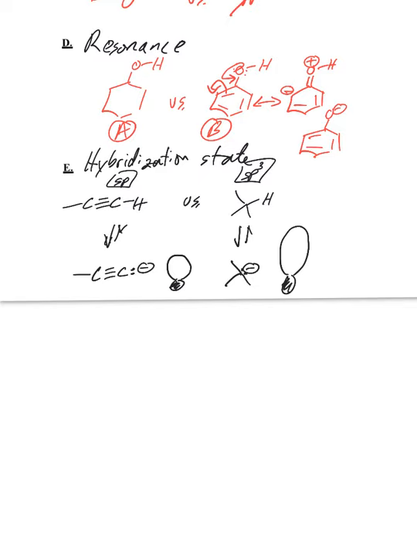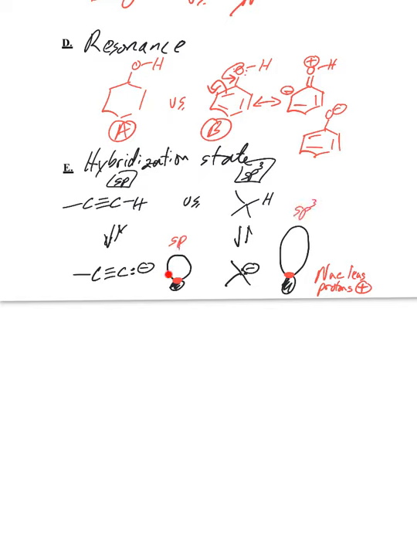Now the key here is that the center part is the nucleus. And of course the nucleus contains protons, which are positively charged. And of course opposites attract. So if you're going to have a negative charge, you want to be as close to the nucleus as possible. An sp hybrid orbital is shorter and fatter than an sp3 hybrid orbital.